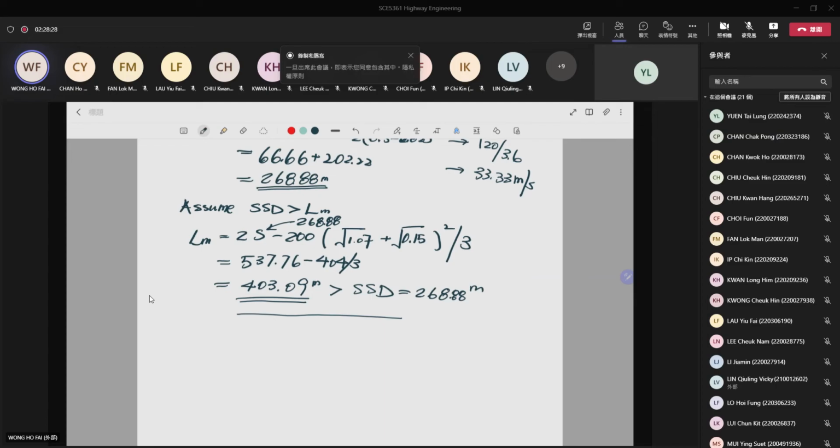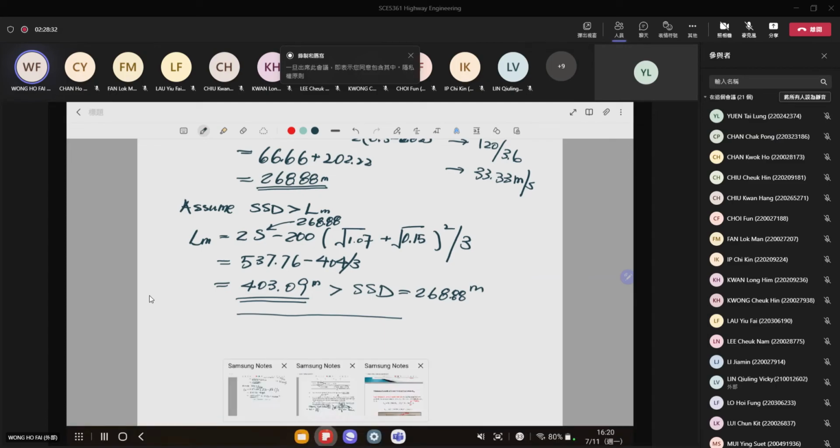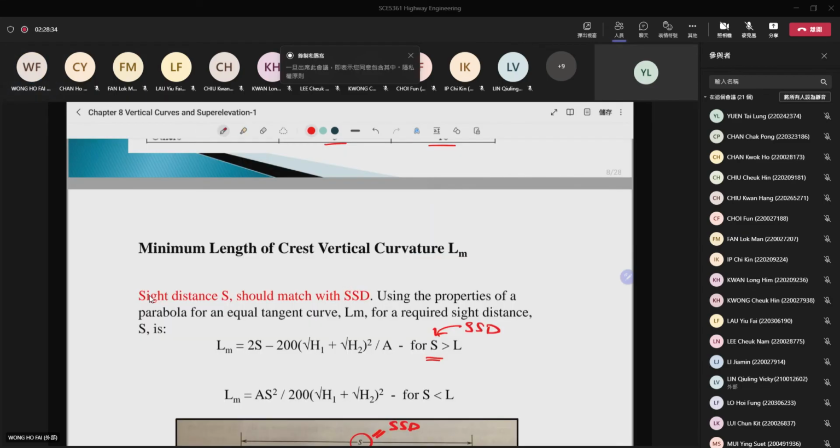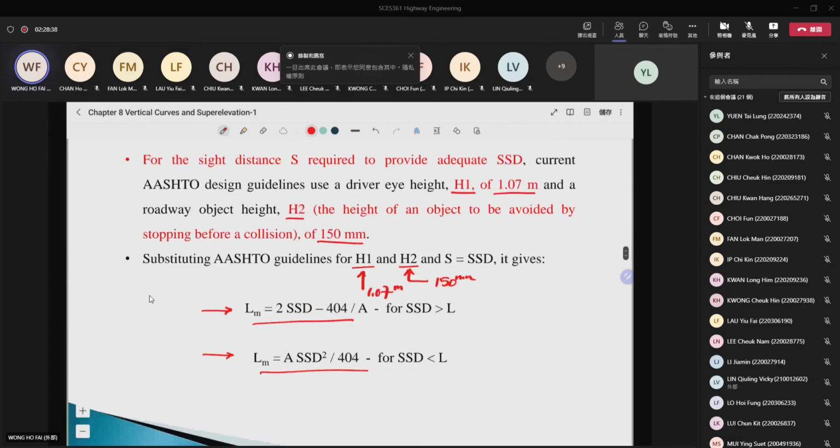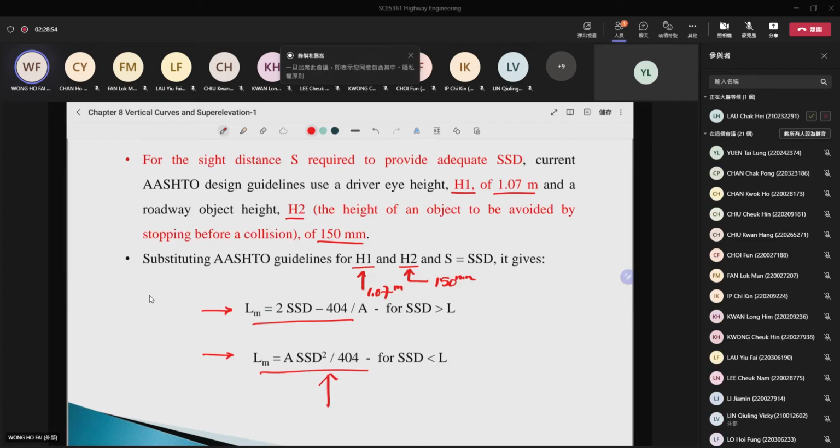For equation 2, we can adopt this one as well, because if we put h1 is equal to 1.07 and h2 is equal to 0.15, we can get this equation: A times SSD squared and divided by 404. You agree? Then we just substitute this value.